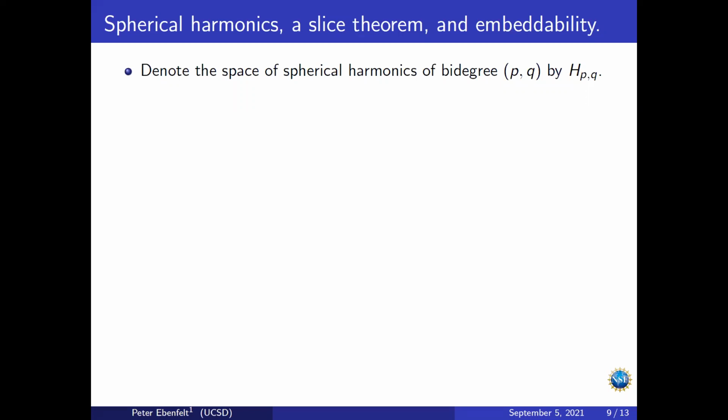I mean, if you take any deformed CR structure on the sphere, you start acting on it by contact diffeomorphisms, you get an equivalent CR structure. Of course, the group of contact diffeomorphisms is huge, so that's too much. So we're going to look at a so-called slice theorem that also has the advantage that it identifies the embeddable structures from the non-embeddable structures.